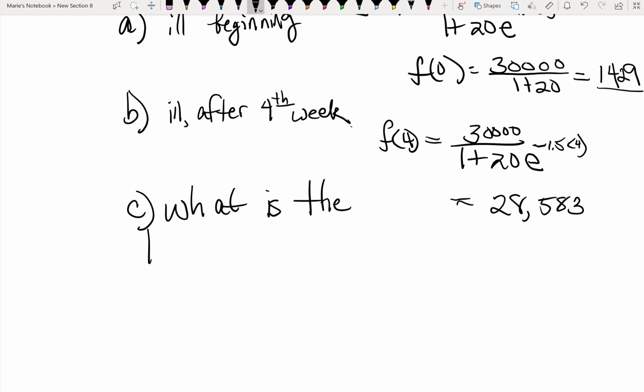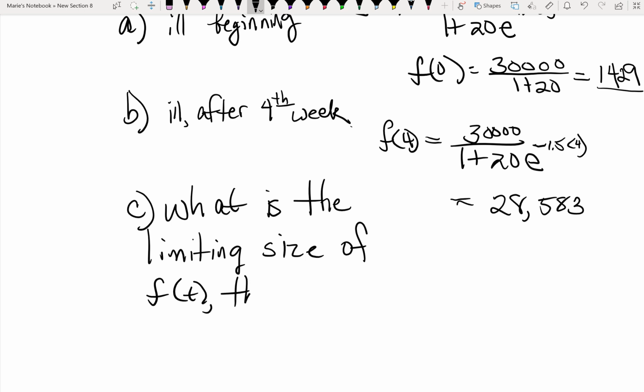I'm going to write it over here so I don't confuse the work numbers. What is the limiting size of f of t, meaning the population that becomes ill?